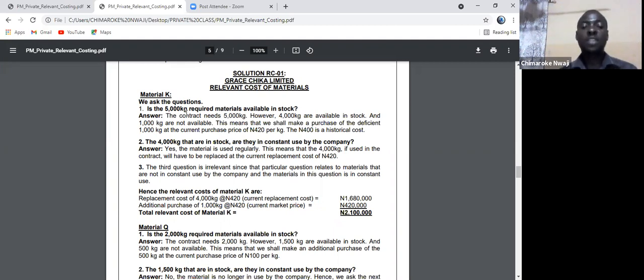But since we've said no to the 1,000 kilograms that are not available, since we need this 1,000, we're going to go outside and purchase it. And so the current market purchase price is relevant.